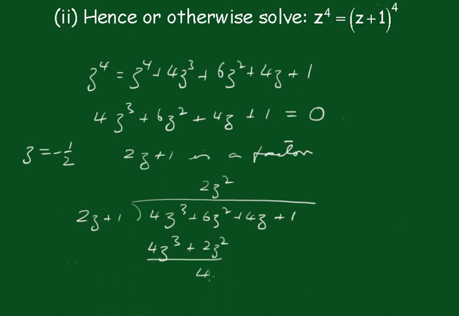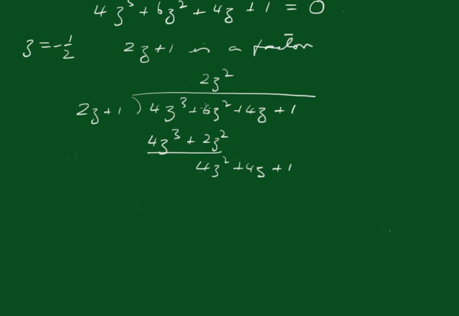Subtract, I'm going to get 4z squared plus 4z plus 1, bringing those ones down. Okay, so I'll multiply by 2z up the top, plus 2z here. That becomes 4z squared plus 2z. Subtract, I get 2z plus 1. So we'll need a 1 here. And there we have it.